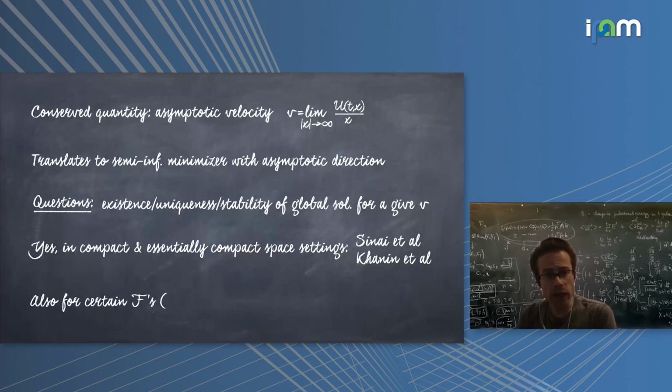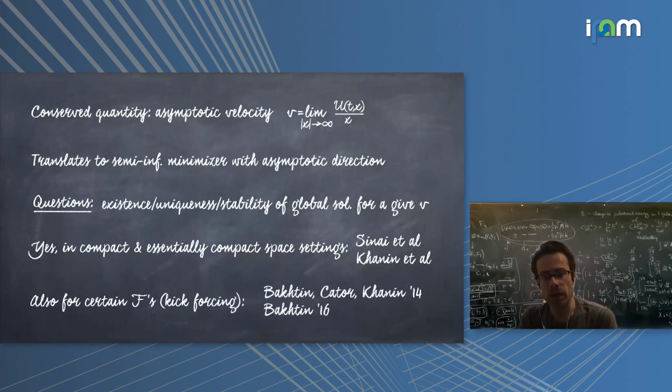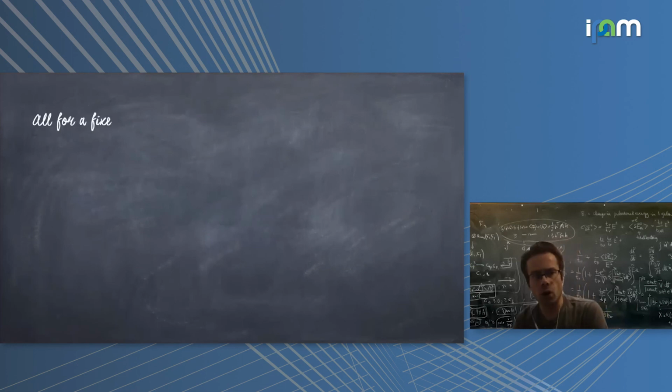Also in a non-compact setting, this has been done by Bakhtin and collaborators, and then Bakhtin himself, for special kinds of forcing that are sums of Dirac masses. For example, the first work with Cator and Khanin had forcing given by delta masses at a Poisson point process. All these were done for a fixed value of the conserved quantity.